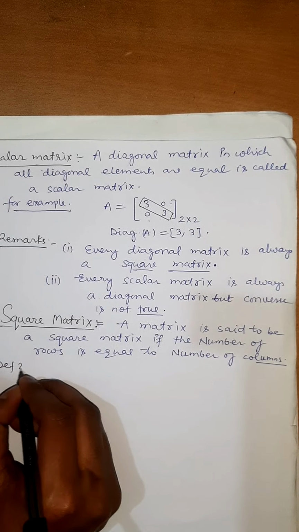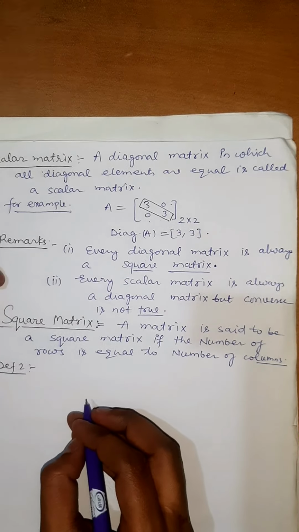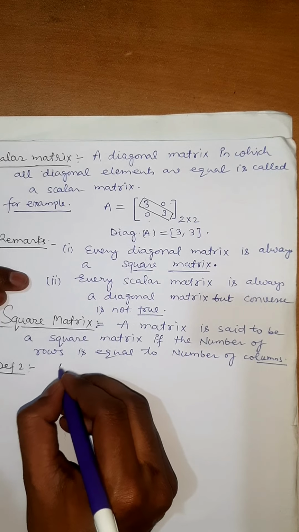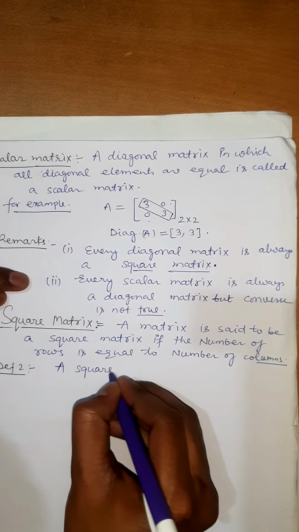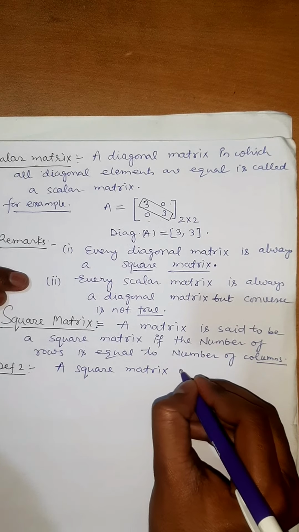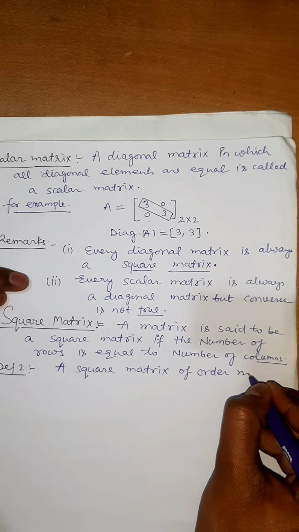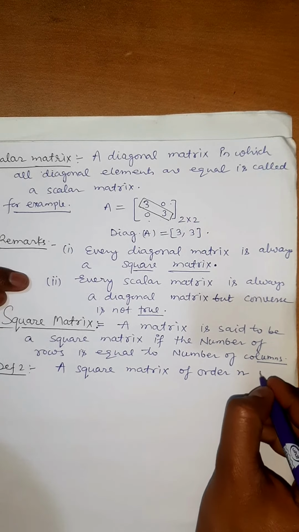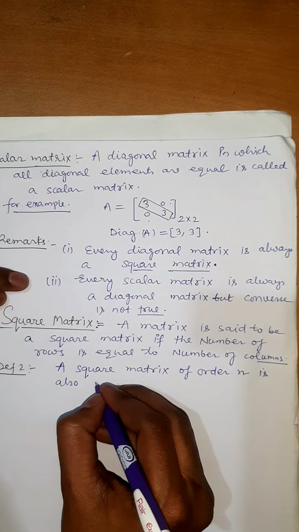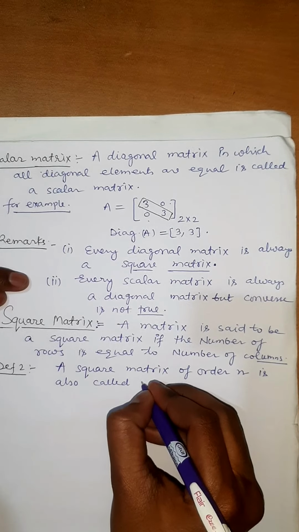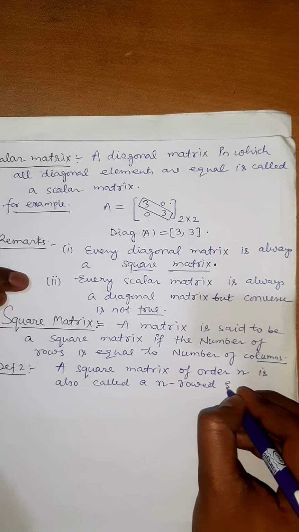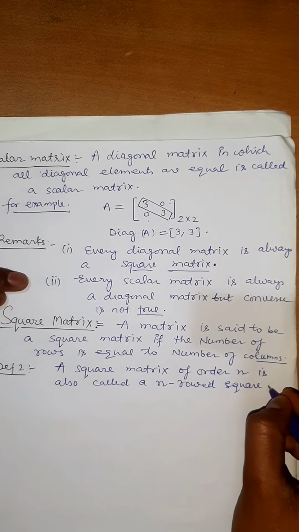और इसकी एक डेफिनेशन इस तरह से भी है, definition 2. A square matrix of order n is also called an n-row square matrix.